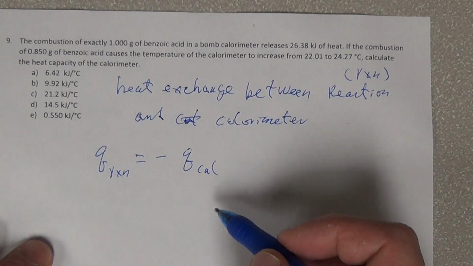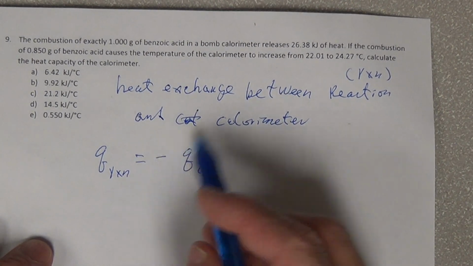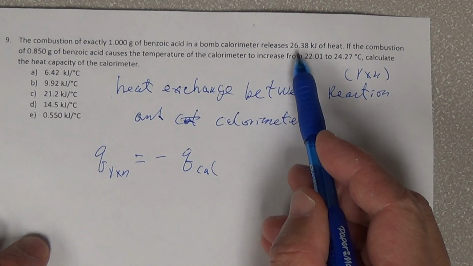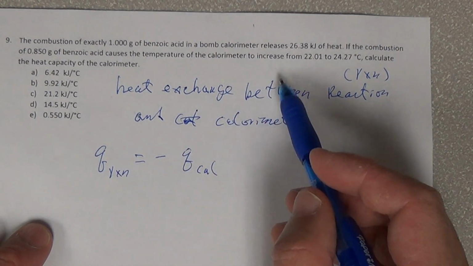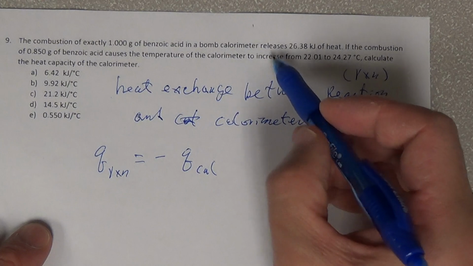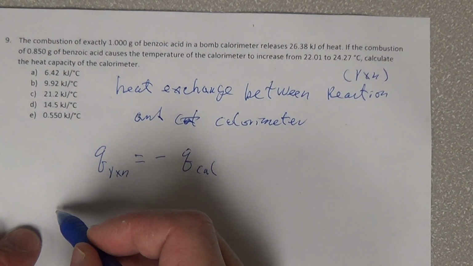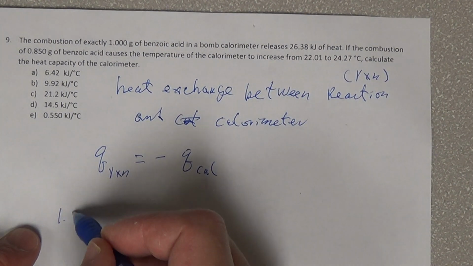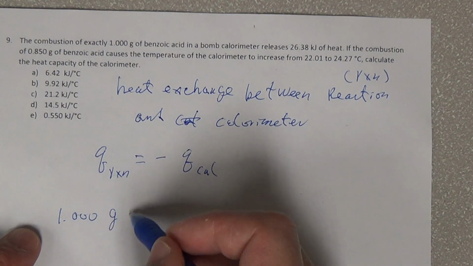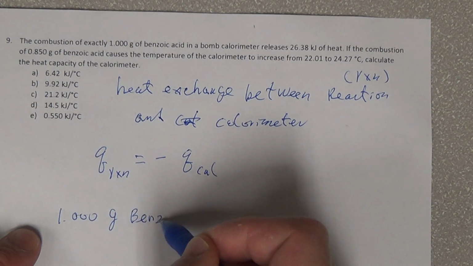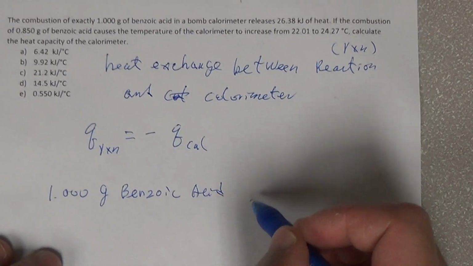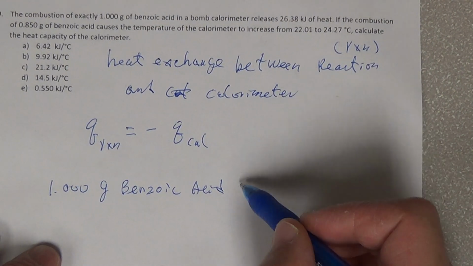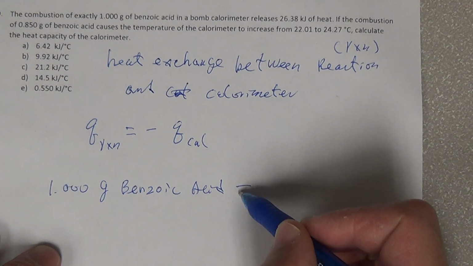So you will first use the given information to calculate how much heat is released by the chemical reaction. The question tells us that for every 1.00 gram of benzoic acid, it releases some heat.